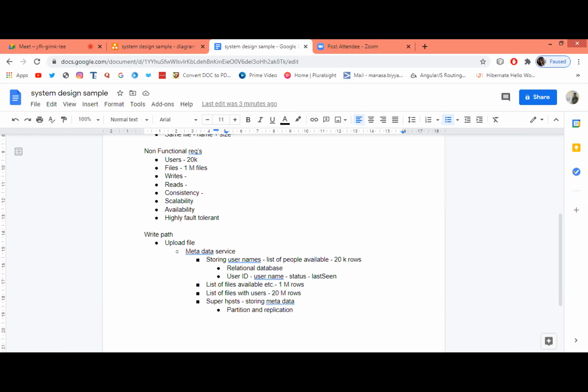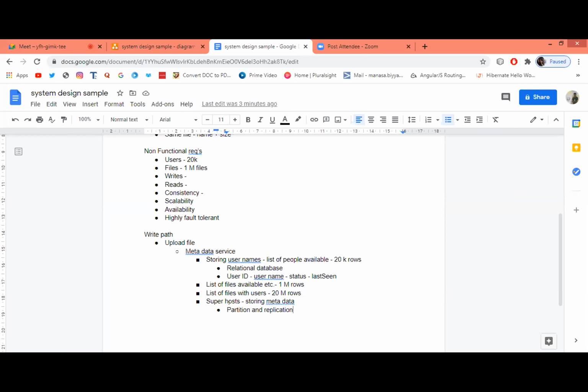So assuming I know at least one server IP address to communicate with, when I start, I'll talk to that server and register. I mean, we need one service discovery to understand which hosts are available.